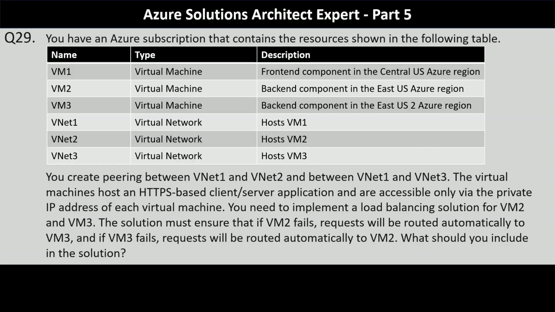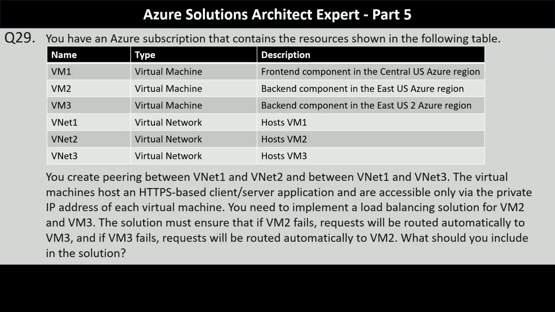VM2 is a backend component in the East US Azure region, and VM3 is a backend component in the East US 2 Azure region. VNet1 hosts VM1, VNet2 hosts VM2, and VNet3 hosts VM3. You create peering between VNet1 and VNet2, and between VNet1 and VNet3.